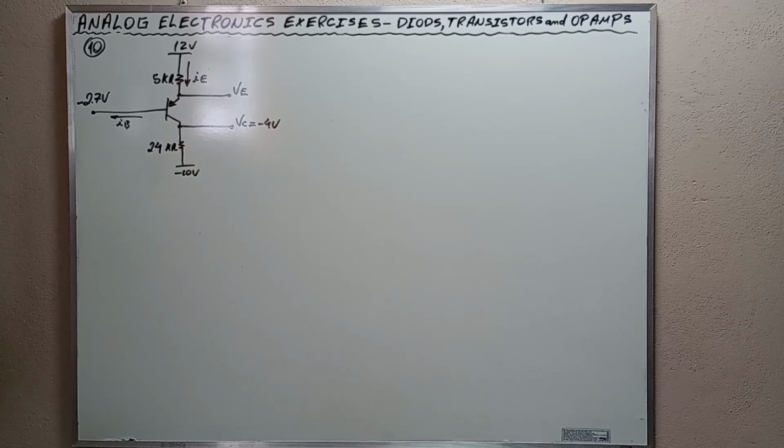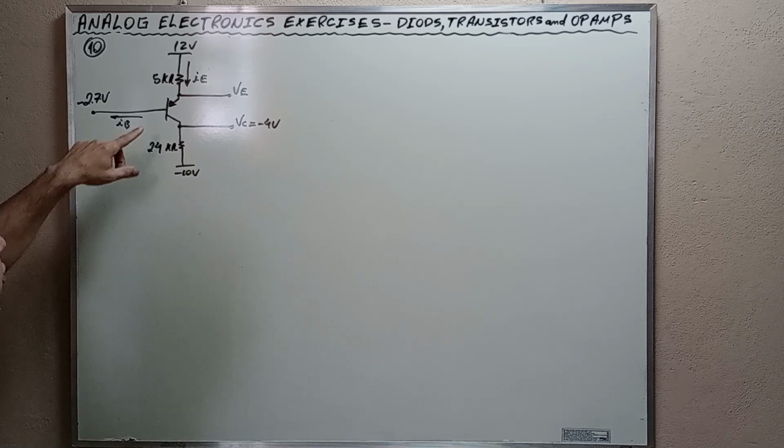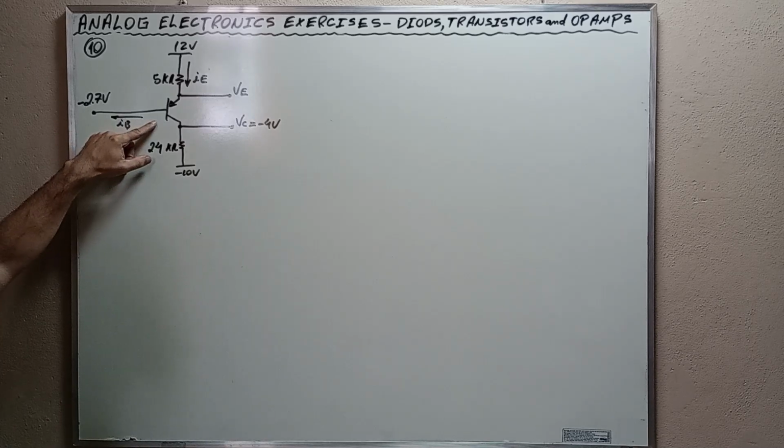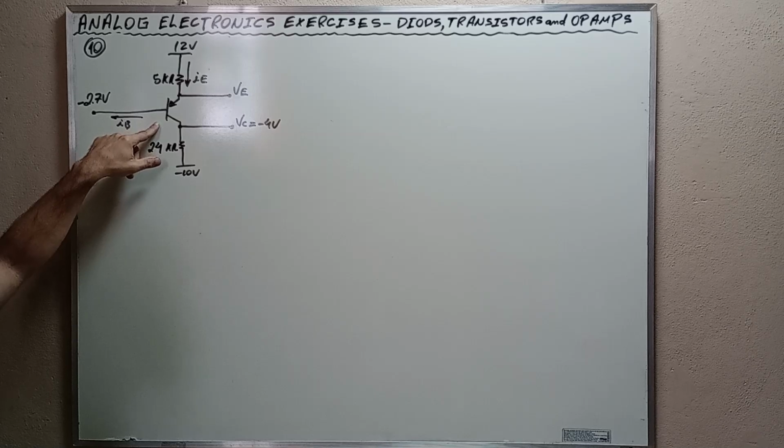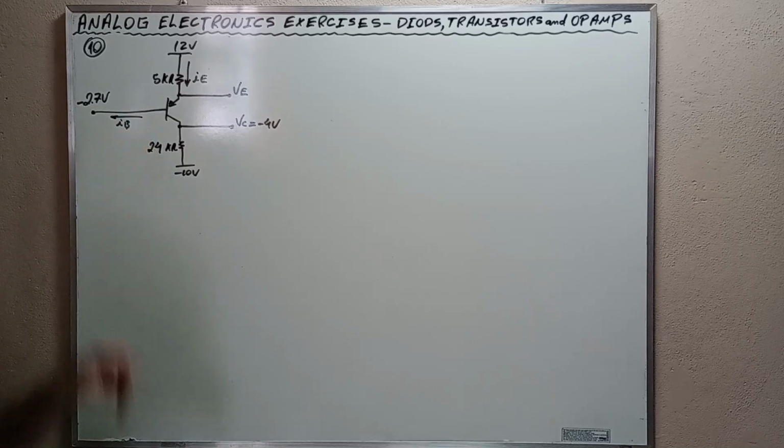We are dealing with a PNP transistor. Firstly, we need to identify what kind of transistor we are working with. This is a PNP bipolar junction transistor, okay? Notice that when the gain is said to be very high, the exercise imposed this condition.